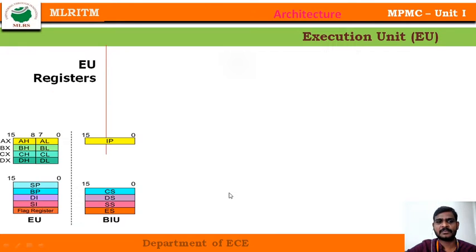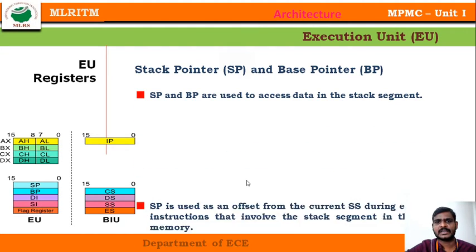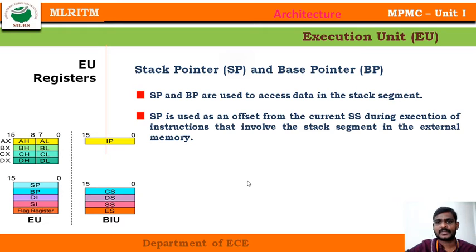So let's go in depth into the execution unit, stack pointer and base pointer. As I said, these are used to access the stack segment data. The stack pointer is used as an offset address for the current stack segment during instruction execution involving the stack segment.